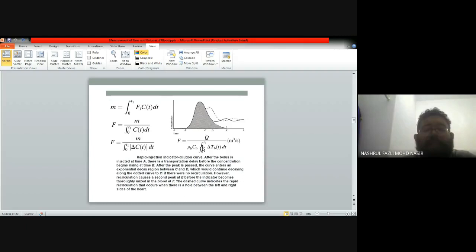Now there's another way to measure the flow. Here Q is the heat content of the indicator, rho B is the density of the blood, Cv is the specific heat of the blood, and T is the temperature.